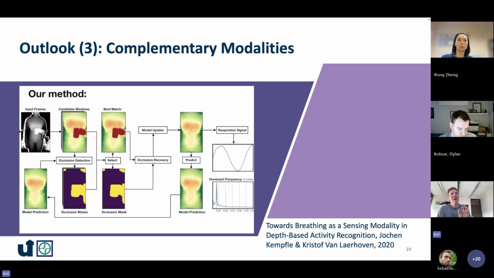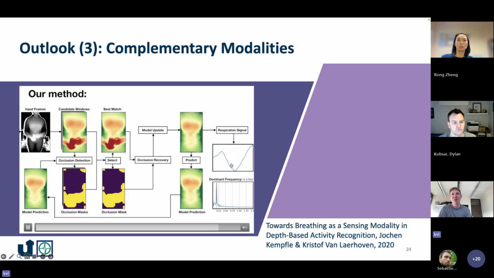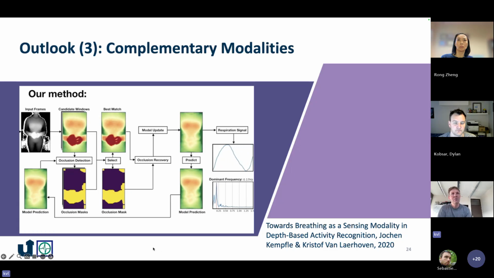We basically carve out anything that is short changes in front of the chest, so that from all the pixels we can figure out where the chest is, the respiration signal, and therefore also the frequency of the respiration. So that is something that is quite interesting, I think, for any application where a person is standing in front of a screen that has a camera and a depth camera meanwhile.